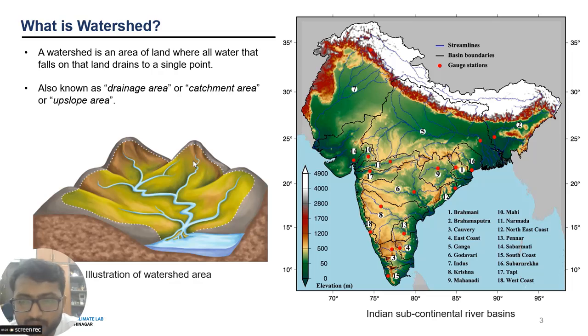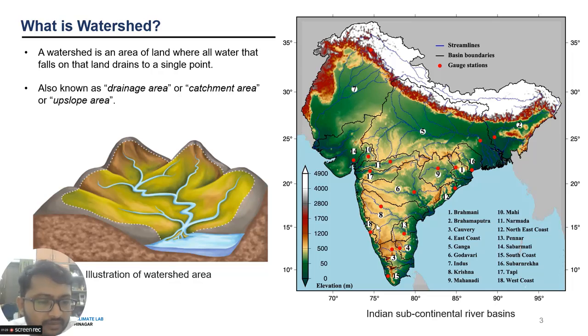Now, this is the major river basins in India. You can see here the Brahmani, then you have Brahmaputra, then you have Kaveri at number 3. Then you have East Coast, then Ganga, then Godavari. Then Indus. Then you have Krishna, which is number 8.